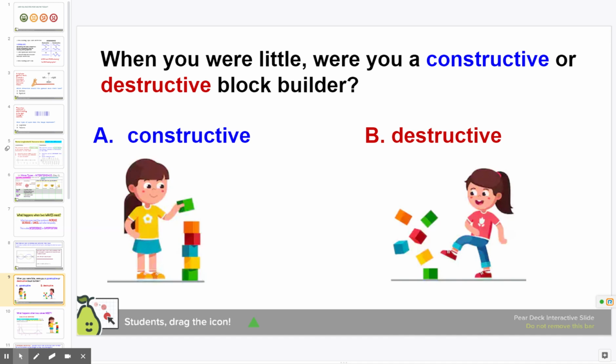Did you like to destroy the structure or did you like to build the structure? Constructive is building it bigger. Destructive is destroying it, tearing apart, and making it smaller. Those are ways that you can think back to playtime and types of block builders that will help you with wave interference.